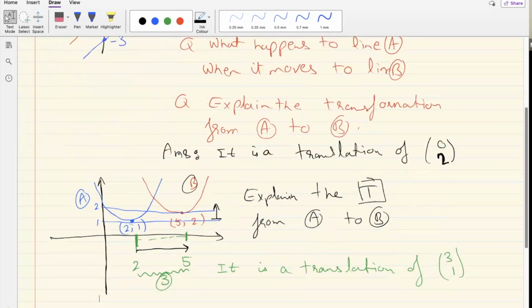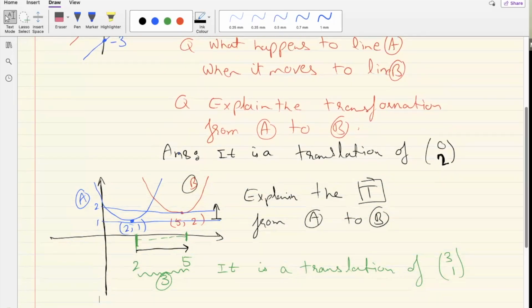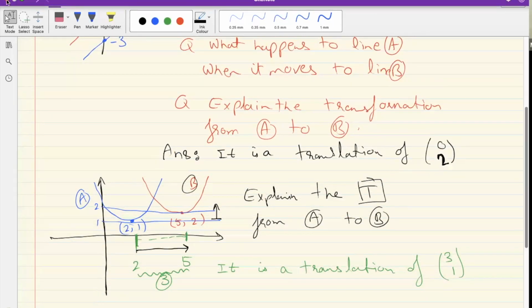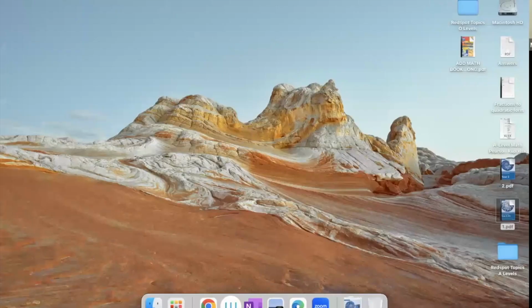Straight line and then the curve. It's got stuck. Let me open that again.